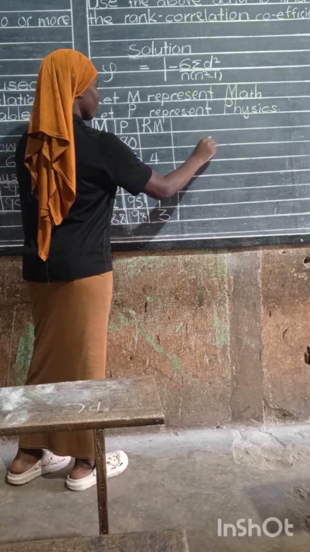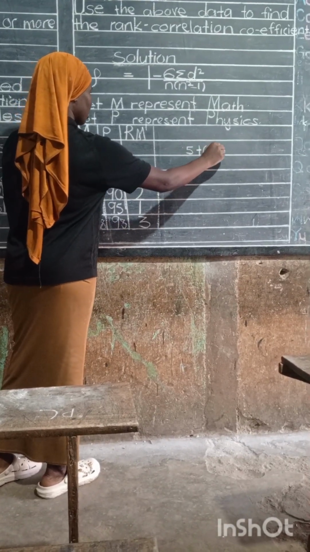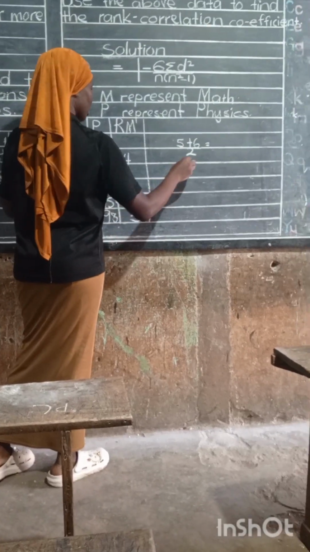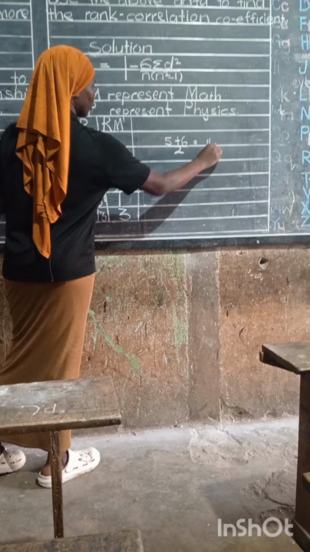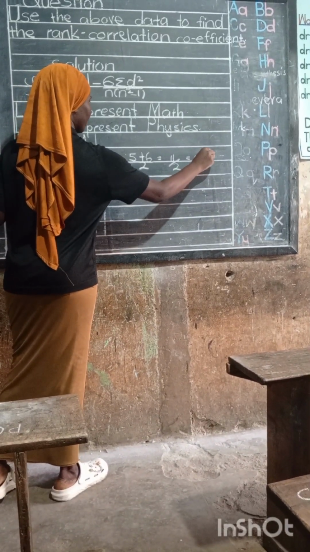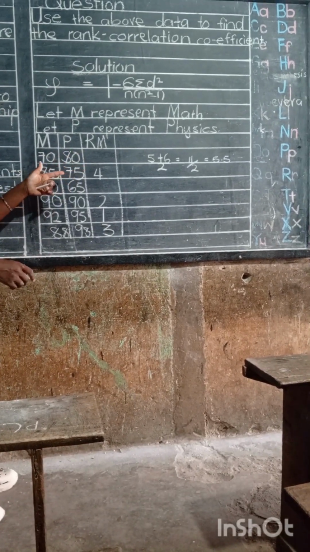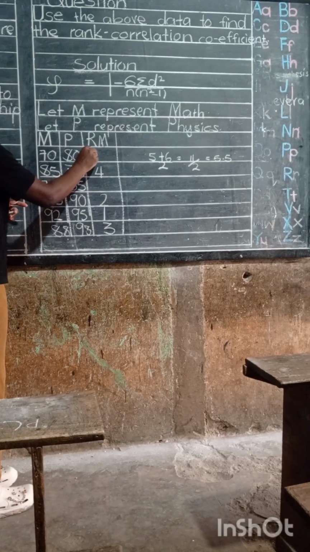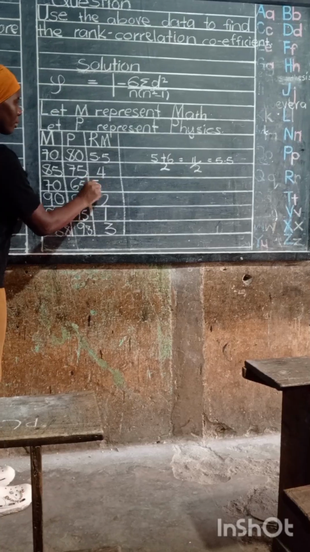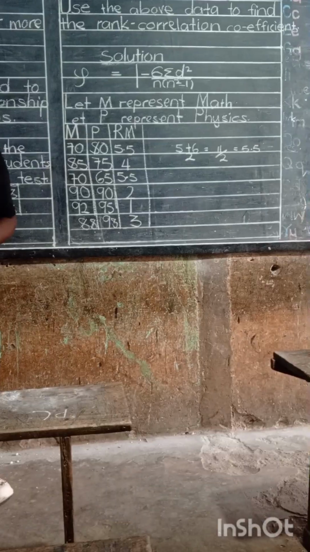So I take 5 and 6, add them, and divide by 2. It is going to be 11 out of 2, giving us 5.5. Meaning here I'm going to have 5.5, and also here 5.5. I think we are getting that.